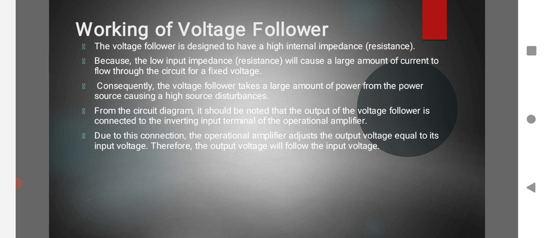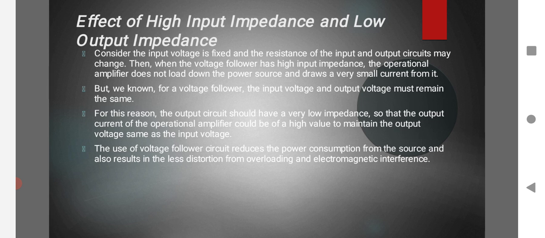From the circuit diagram, it should be noted that the output of the voltage follower is connected to the inverting input terminal of the op-amp. Due to this connection, the operational amplifier adjusts the output voltage equal to its input voltage. Therefore, the output voltage will follow the input voltage.